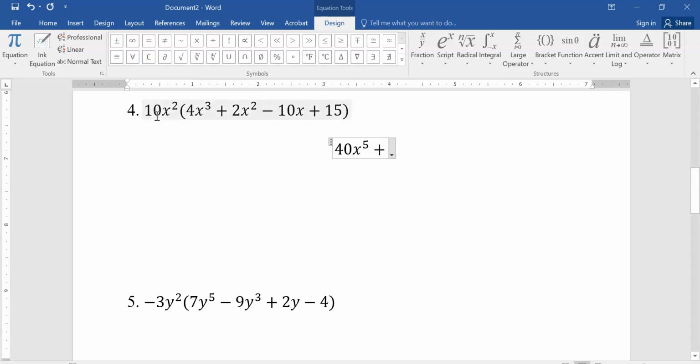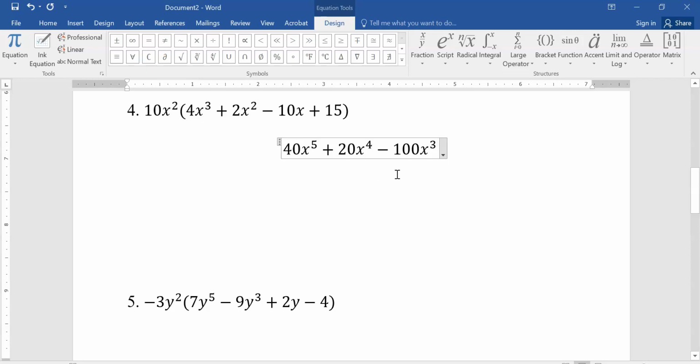The next term we're going to get is what we get when we take 10x squared and multiply it times 2x squared. 10 times 2 is 20. X squared times x squared is x to the fourth. Next term, we're going to get 10 times minus 10. We're going to get a minus 100. X squared times x is x to the third power.